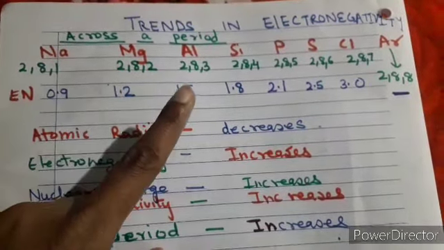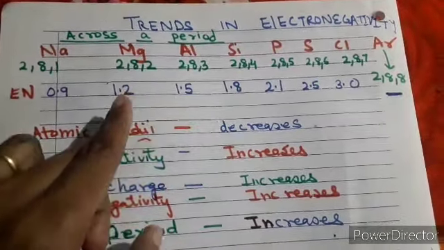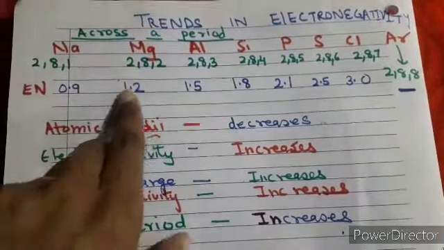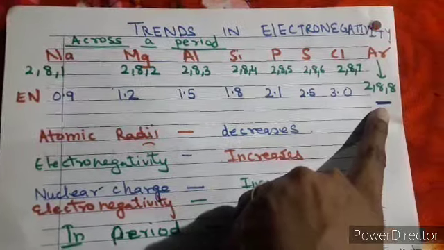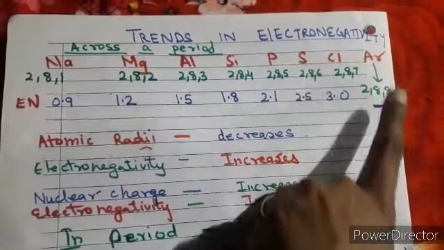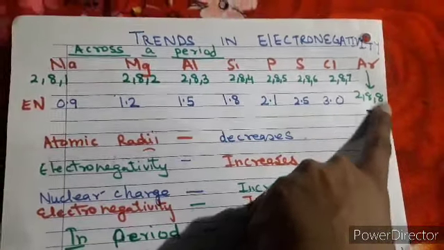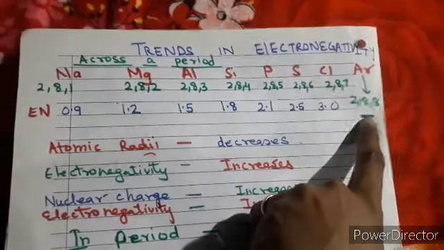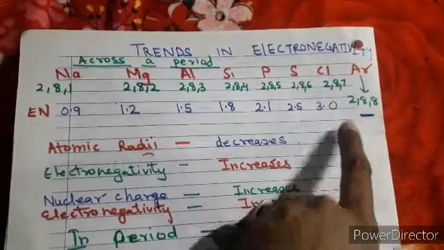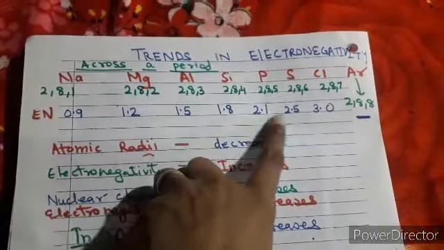You don't need to remember these values, but just try to understand what is happening. Every time the value of electronegativity is increasing, but for the noble gas argon, there is no value for electronegativity. We'll see why that is, and why the values are increasing.